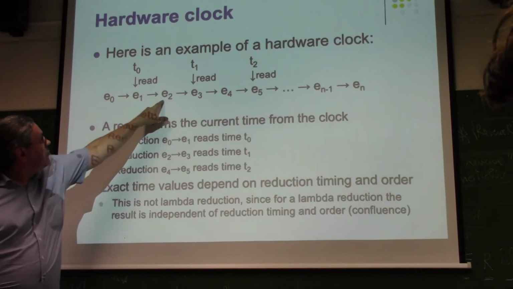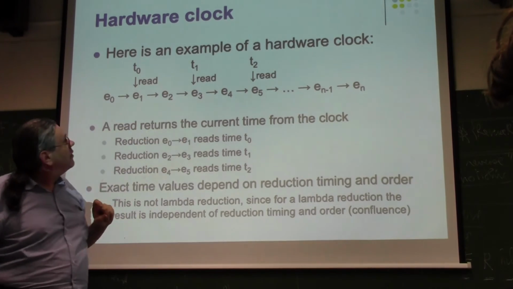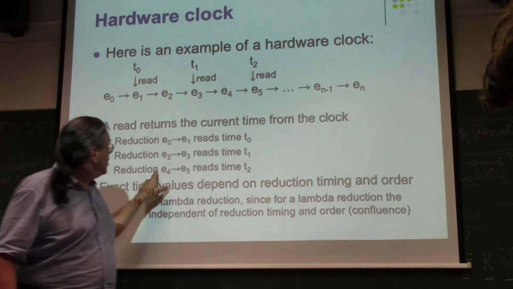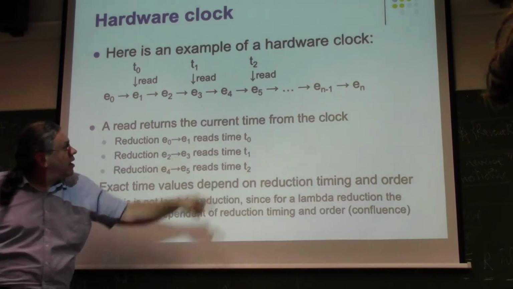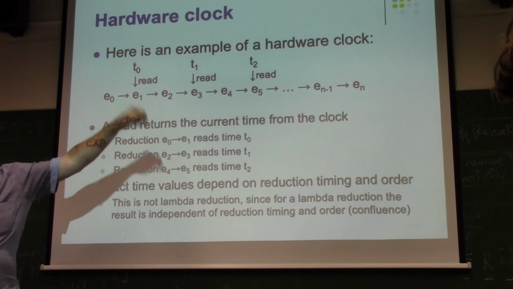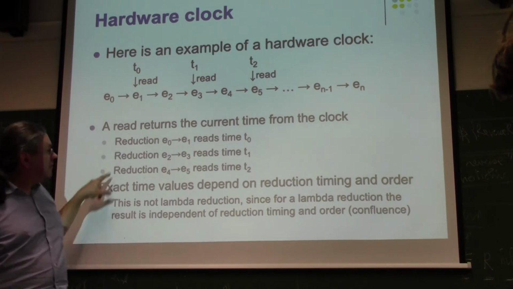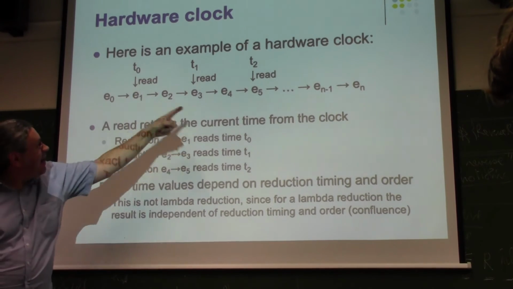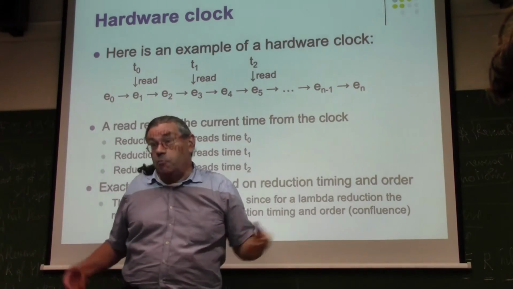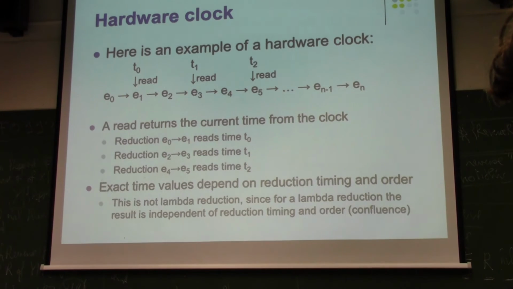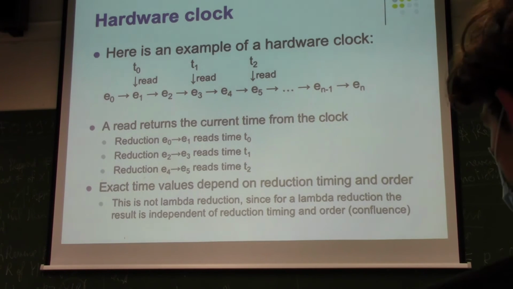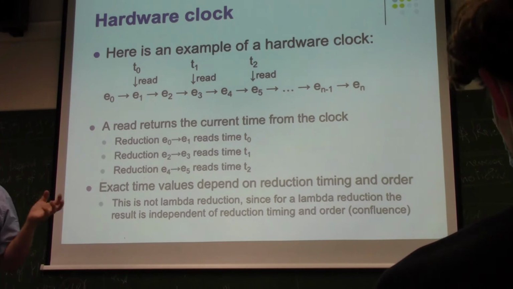And from E2 to E3, I'm reading the clock again. And from E4 to E5, I'm reading the clock. And I get these different numbers coming in to the reduction. The exact times that I read will depend on the timing of this, so it depends on the implementation and the clock speed and everything. So totally non-confluent.